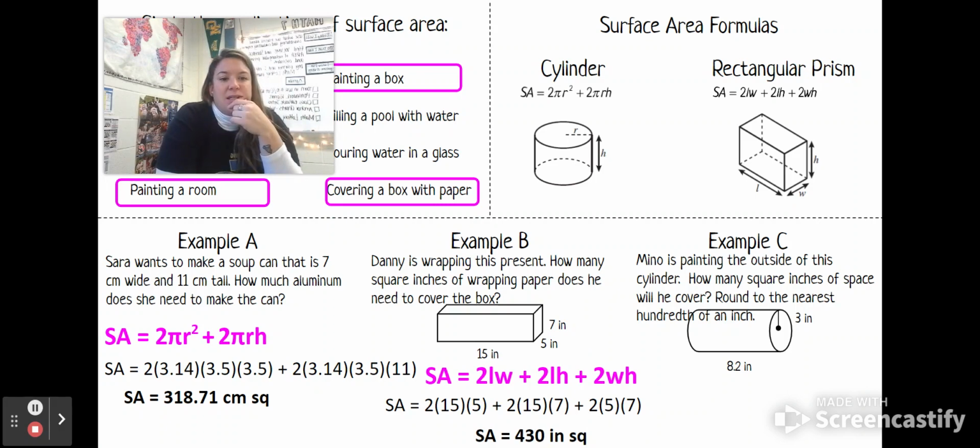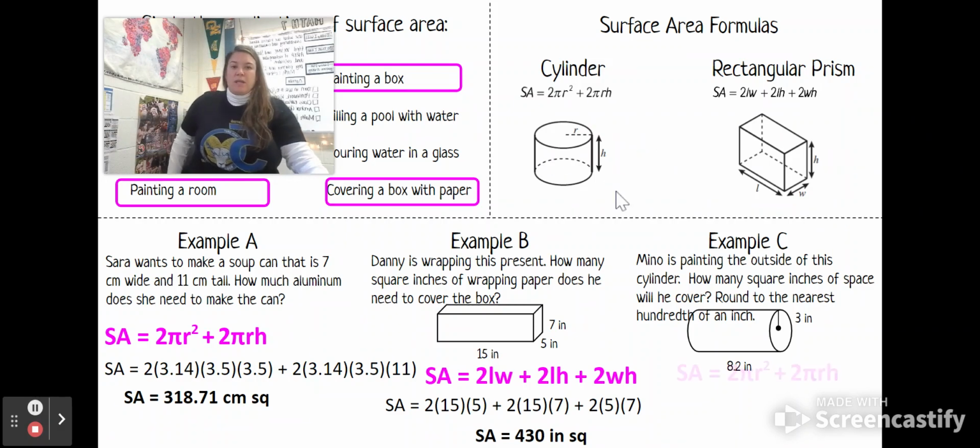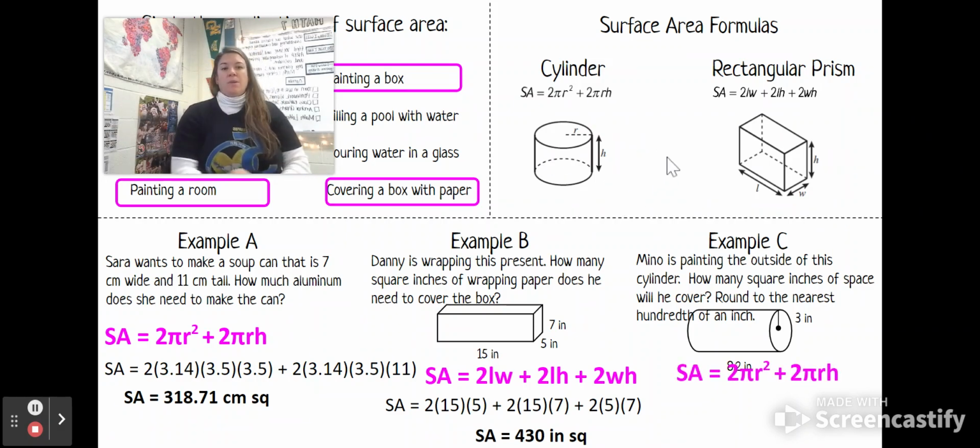Mino is painting the outside of this cylinder. How many square inches of space will he cover? Round to the nearest hundredth of an inch. This is surface area. It's a cylinder, so I need this formula up here, 2 pi r squared plus 2 pi r h. And then I'm going to plug in my numbers.